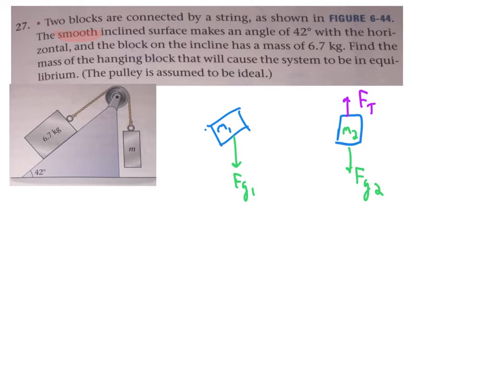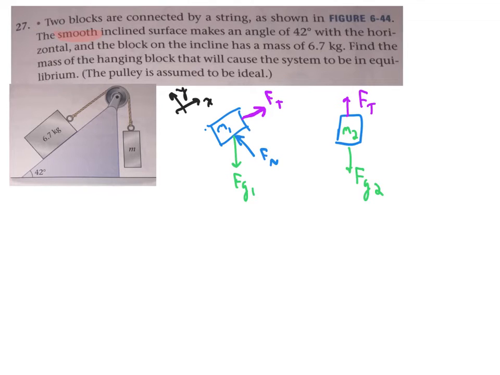And because the pulley is ideal and the strings are ideal, that tension will be the same everywhere, which means it's also pulling on block 1 in the direction of the incline. And then finally, on block 1, we have the surface it's on, the incline itself, which exerts a normal force perpendicular to the incline. For this part of the problem, I'm going to use an axis with x along the incline and y perpendicular.